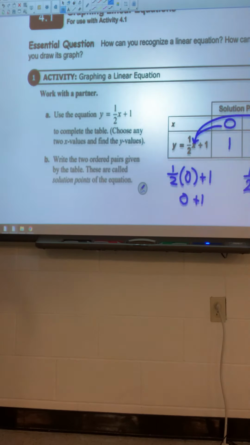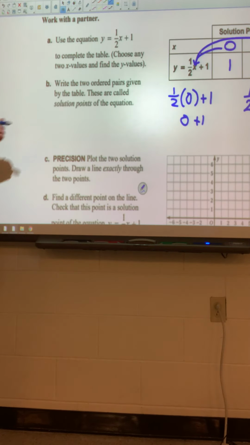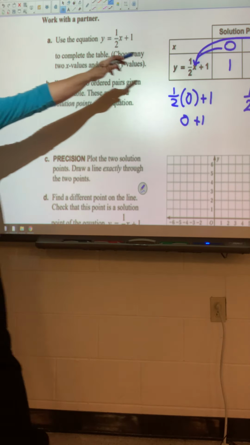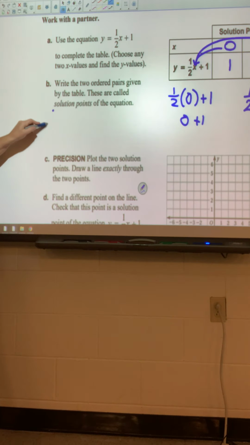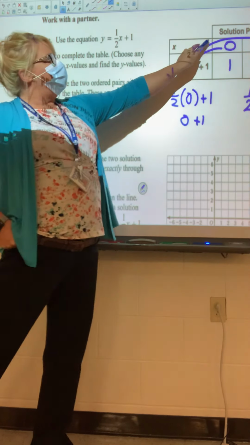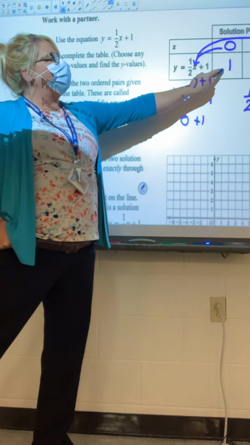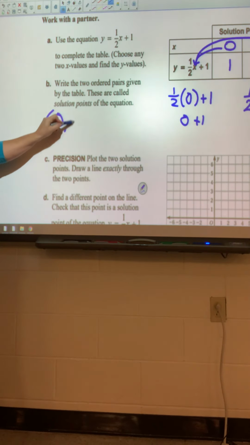Okay, so now it says write these as ordered pairs. So if I said x was 0, y was 1, 0 comma 1, x comma y.